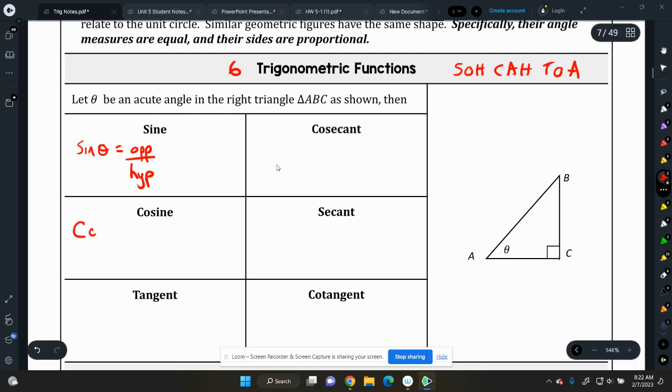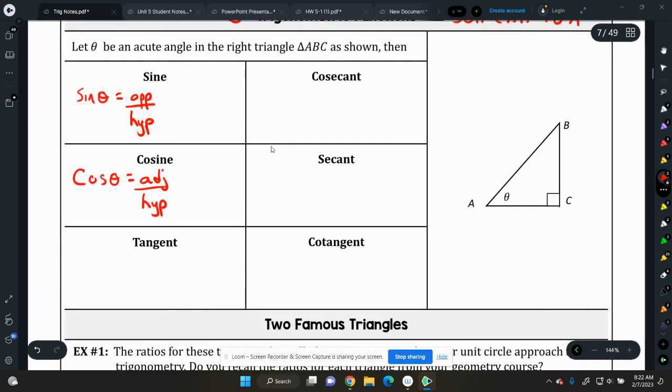The cosine of the angle, abbreviated COS, is the adjacent over the hypotenuse. And then the tangent of the angle is the opposite over the adjacent.